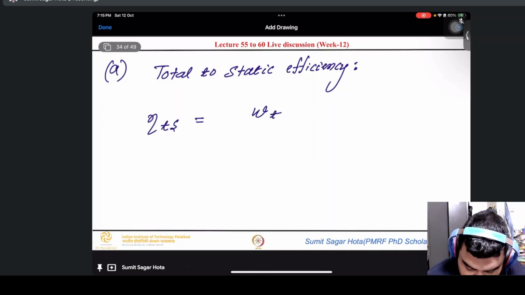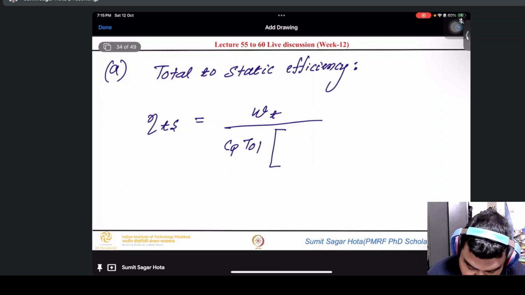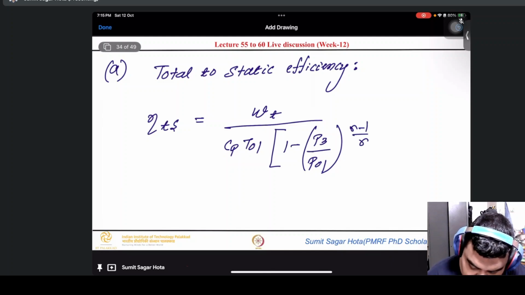Work done, total work done divided by Cp T01 into 1 minus P3 by P01 to the power gamma minus 1 by gamma.